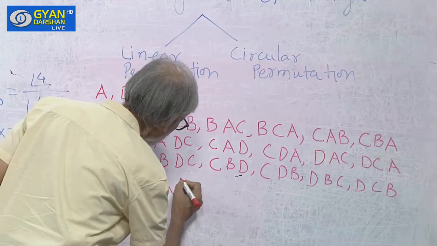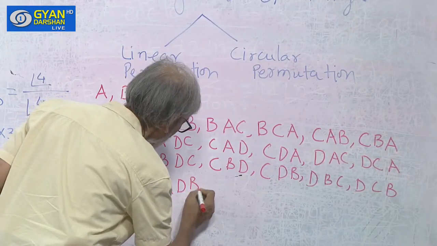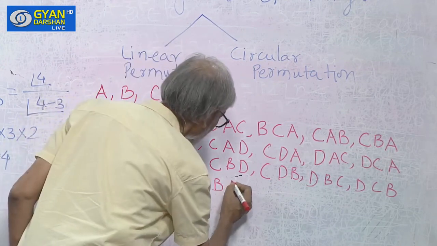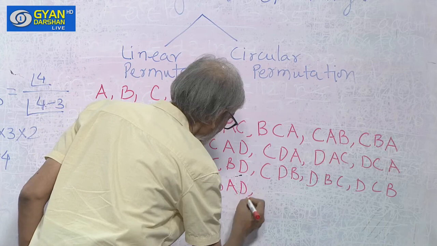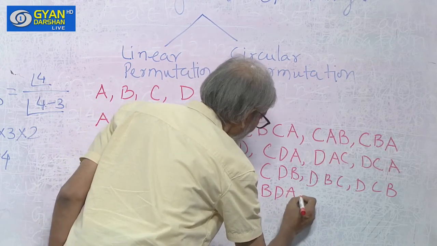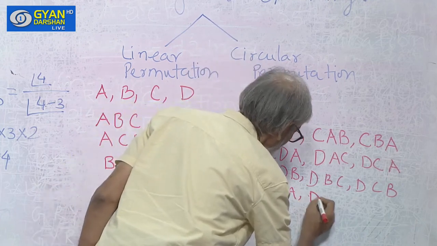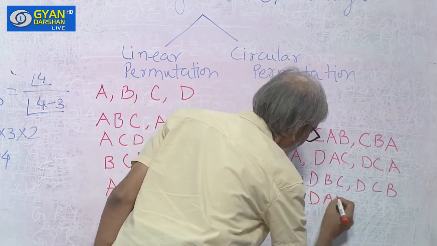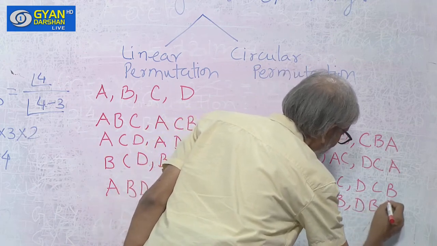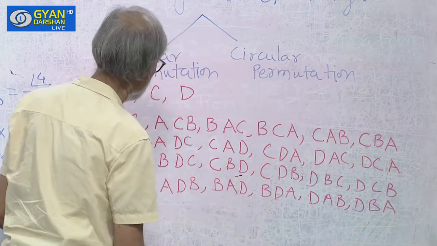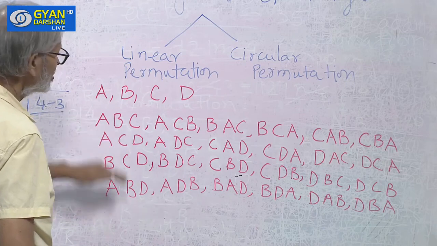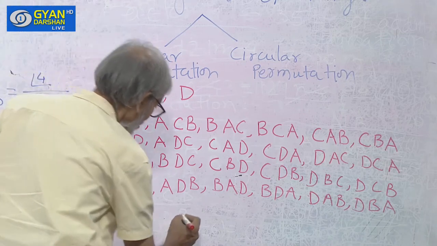A, B, D, so A, D, B, then B, A, D, and B, D, A, then D, A, B, and D, B, A. So, you can see here that this constitutes 24.